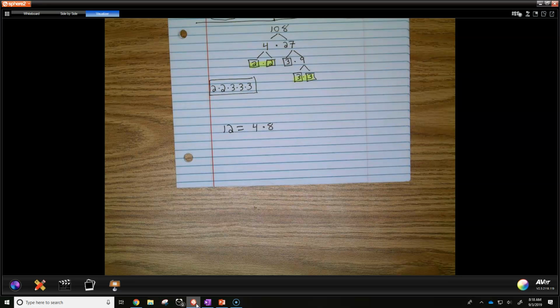No. Why not? Because the product isn't 12, it's 32. And if you were to break it down like we did on the other ones, then 12 would be 2 times 6. Okay. So, just like this, 4 and 8 are not factor pairs of 12.